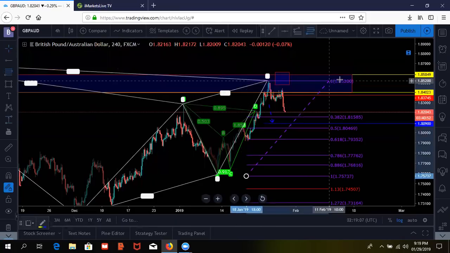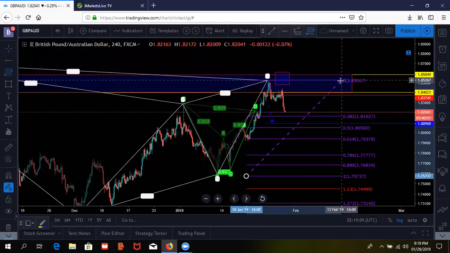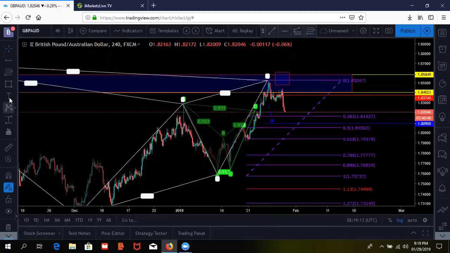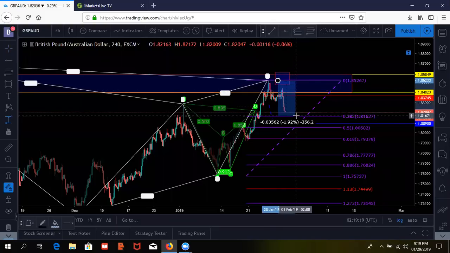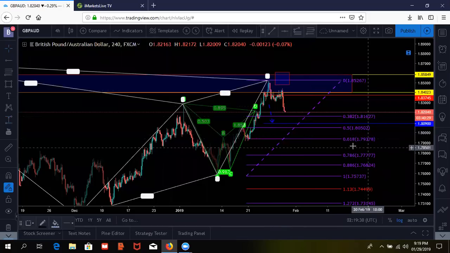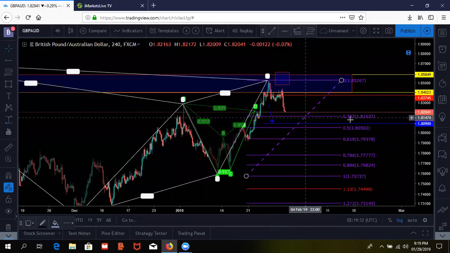You guys should really start getting used to catching moves like this. So if it hits target one, which is a 38.2, that'll be about a 350 pip move. Target two will be about damn near 600 pips, pretty much. Like I say, I'm only going for target one on this trade right here.